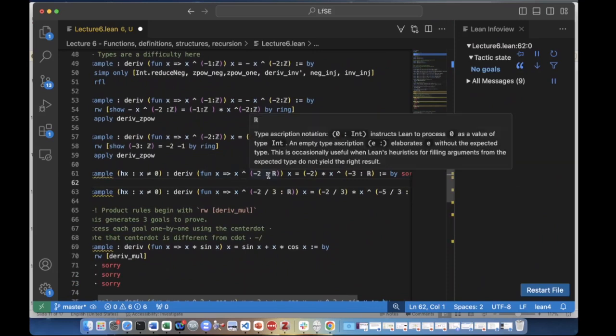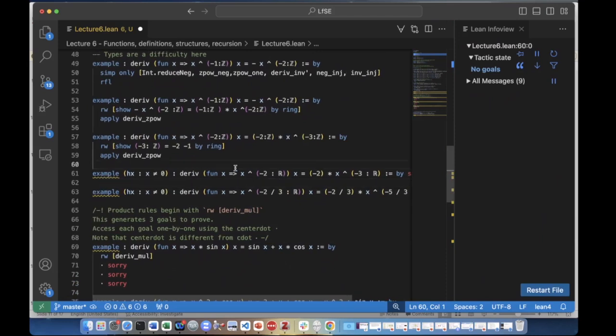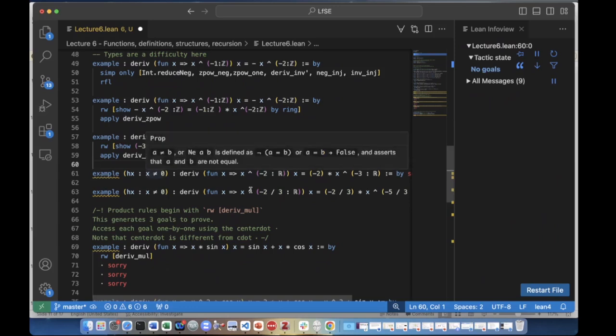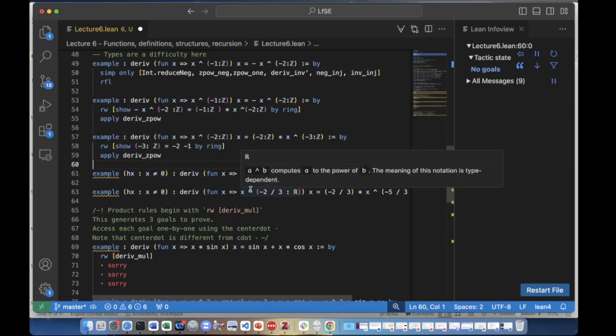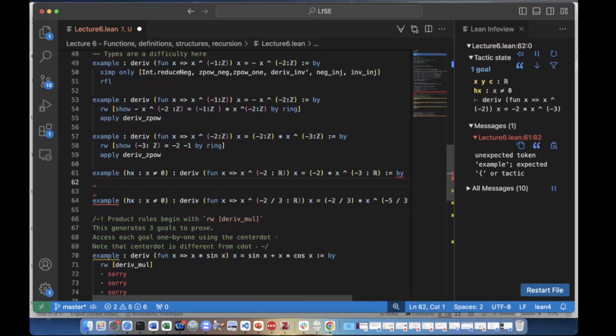Here we have yet another one, but this one includes a constraint that x is not equal to 0. I'll quickly walk through this one and then we'll move on to the chain rule things. I want to give us time to do one more.